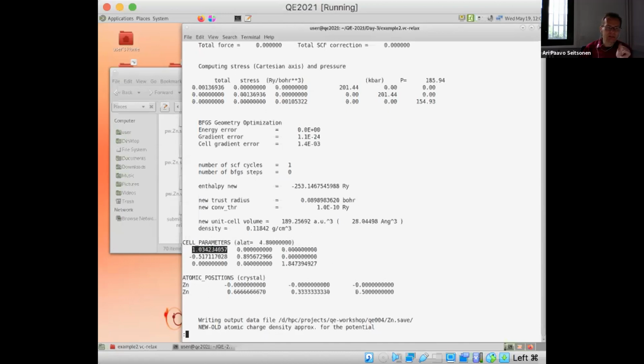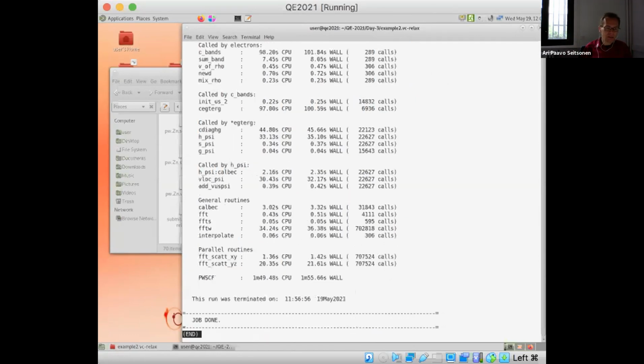Now we see that the value here has changed a little bit from 1. So it's about 3% larger. So the lattice laterally has expanded about 3.4%. I don't remember the value in the third direction, but it also has changed. Okay, so this was after the first step. And we saw the pressure is about 185 or 186 kilobar.